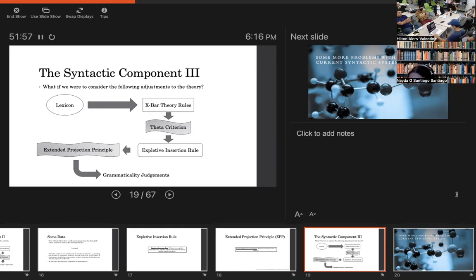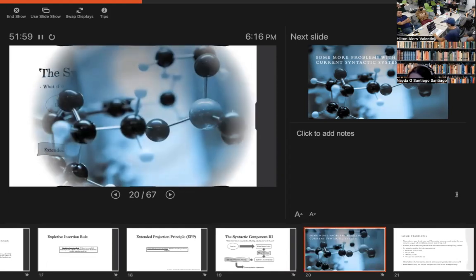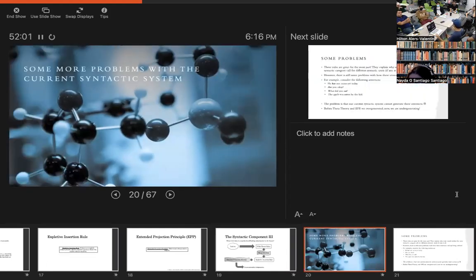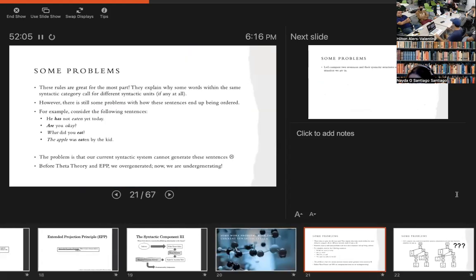If we're ready, then we're going to move on to our favorite thing, some more problems with the current syntactic system, because we all love looking at those. The rules are pretty good for the most part. They allow us to get specific verbs that require specific things and make sure that within a phrase, we can have different selections, like different verbs can select for different things, which reflects better how we construct our sentences.